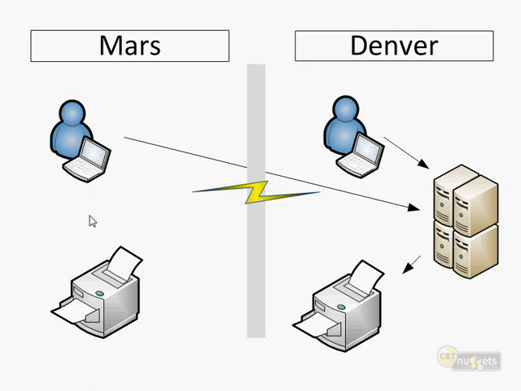One that's attached directly to their computer. So they've got some sort of device that they're running their virtual desktop on, and perhaps that device has a local printer, or maybe a network printer, or some sort of printer that's local to them on this planet and not on this planet.